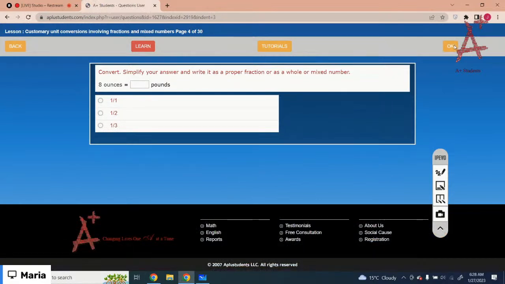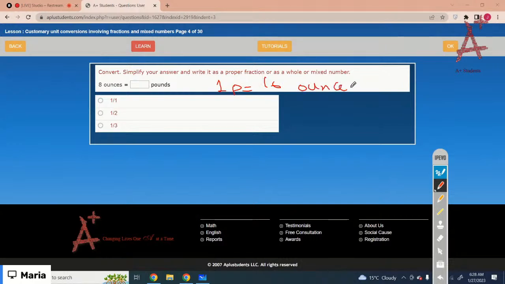Okay, convert 8 ounces to pounds. Got it? So we know that in 1 pound we have 16 ounces. Got it? So pound is a greater unit. You have to divide it. You have to do 8 over 16. Got it? Just divide them by a common factor, that would be 8. So 8 times 1 is 8 and 8 times 2 is 16. So it would be half.